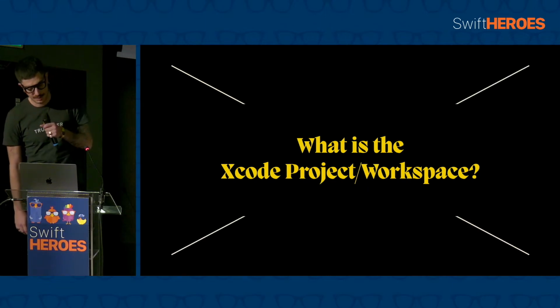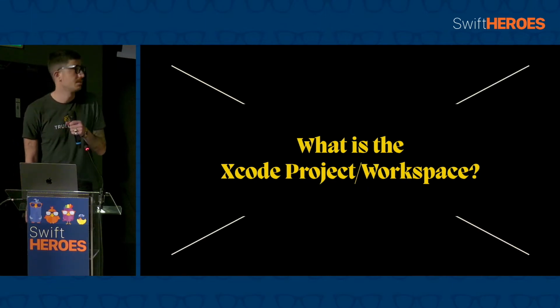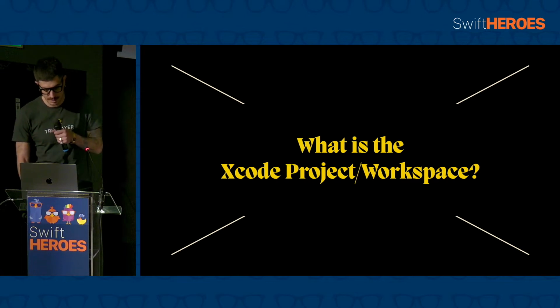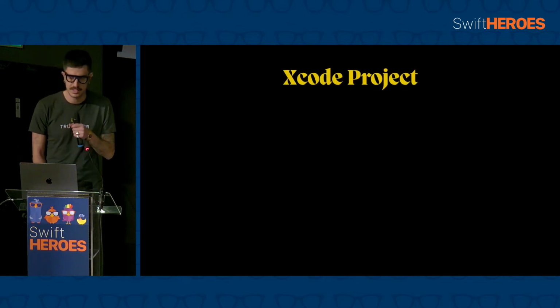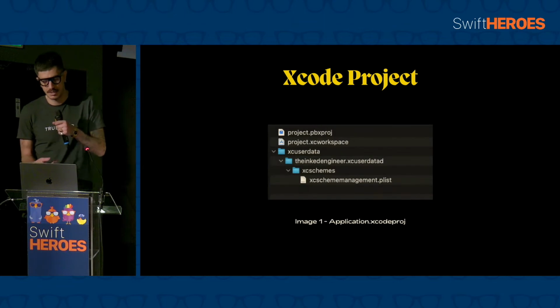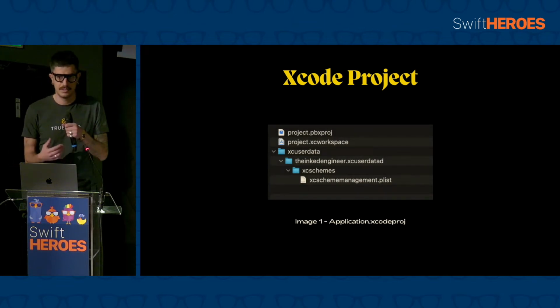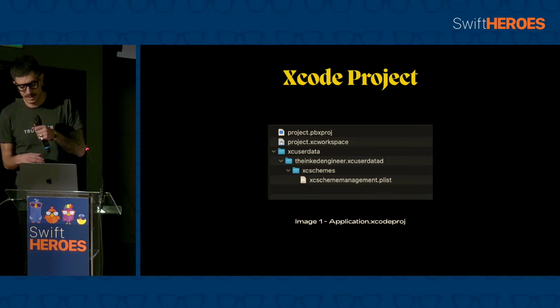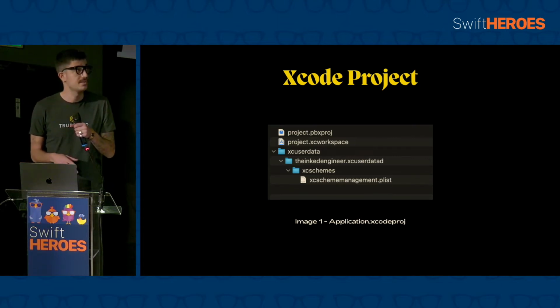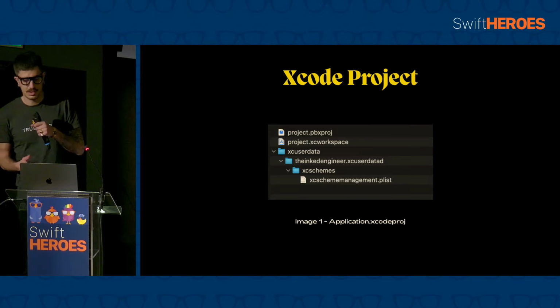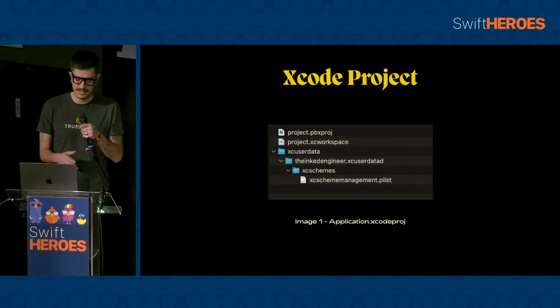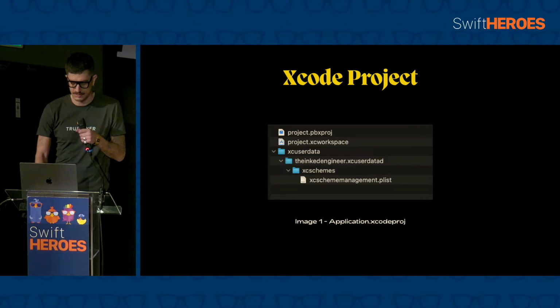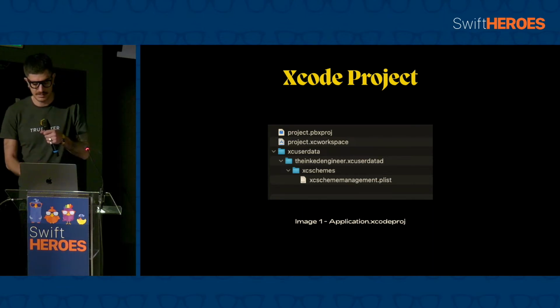So first, let's start with understanding what an Xcode project is. The OS will make you think that it's a file because it has an extension, whereas in reality it's a full directory. Inside of it, for a basic setup, we find three things. The xcuserdata, which by default contains a plist referencing all the schemes.